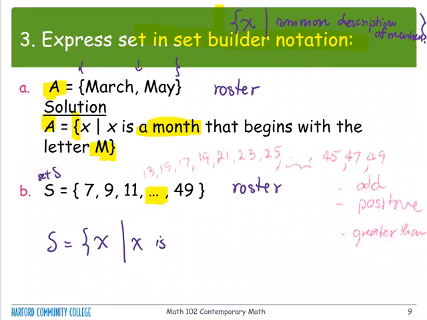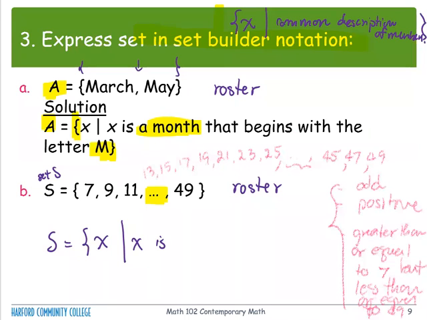So I would say greater than or equal to 7, but less than or equal to 49. On the list that I make on the right here, I'm going to put this together in words as part of the set builder notation form.